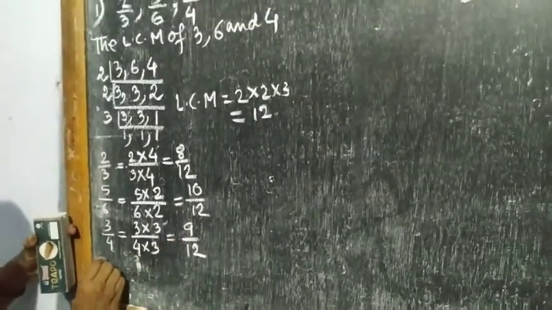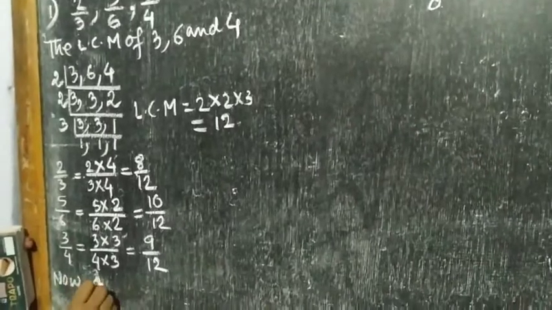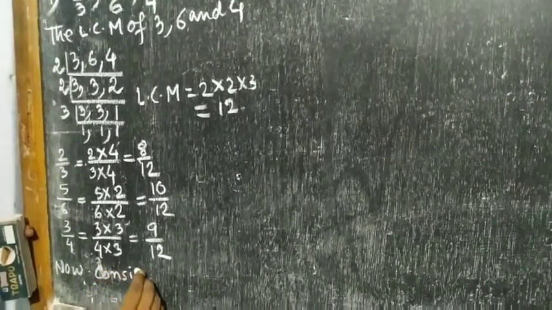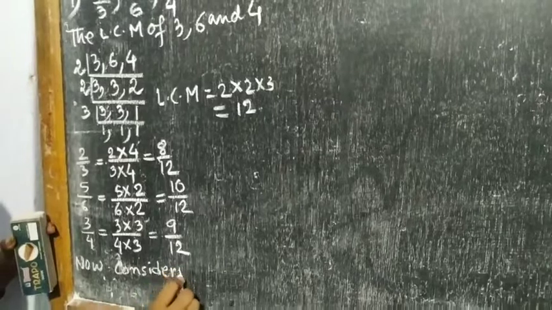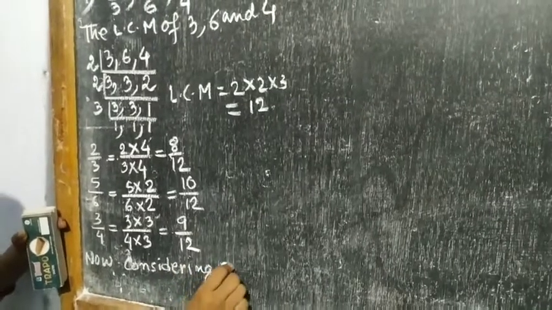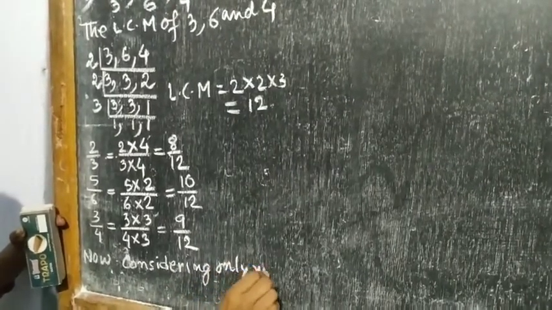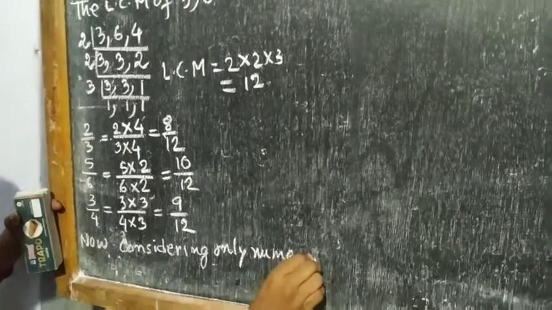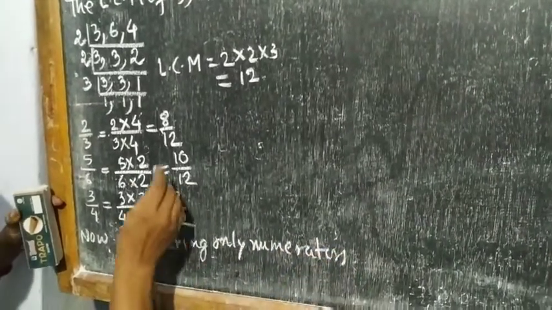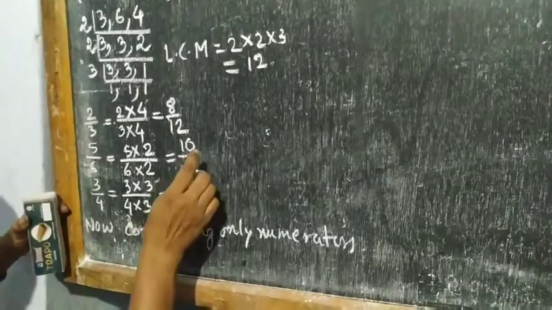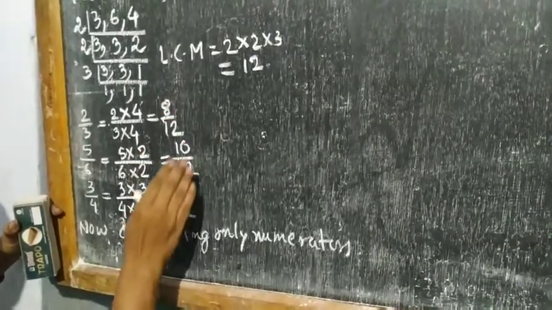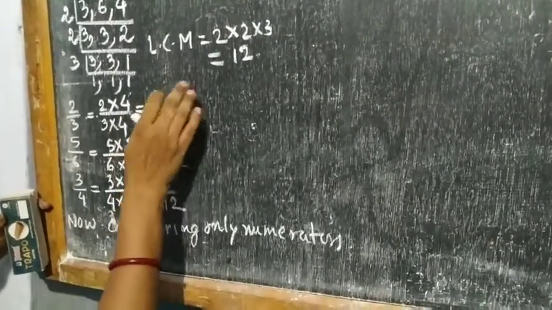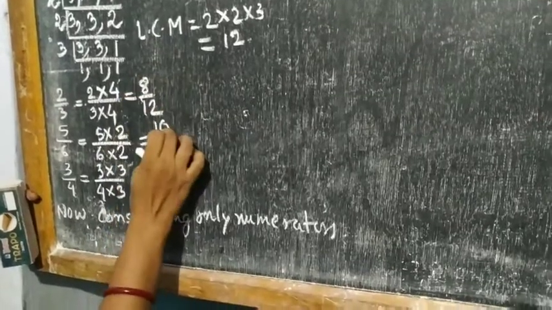Now considering only numerators. Because the denominators are the same, which numerator is better, 8, 10 or 9?